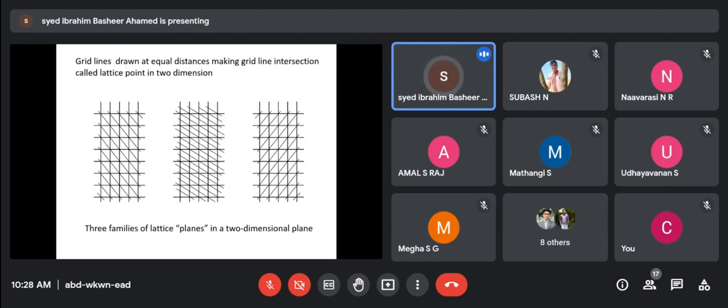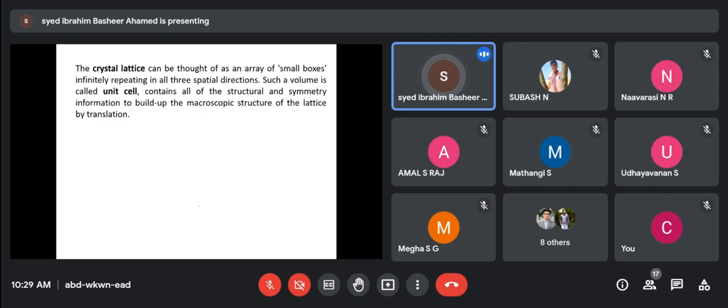Grid lines drawn at equal distances, making grid line intersections, are called lattice points in 2 dimensions. There are three families of lattice planes in a 2-dimensional plane, and as I told you, you can make them any way.